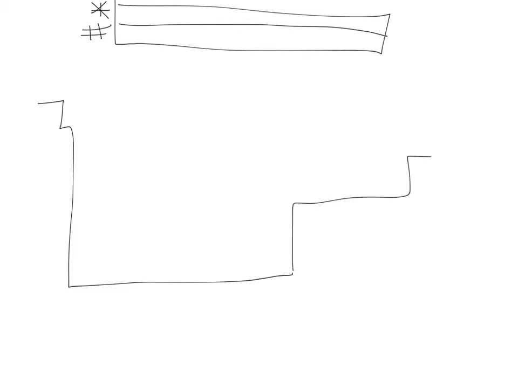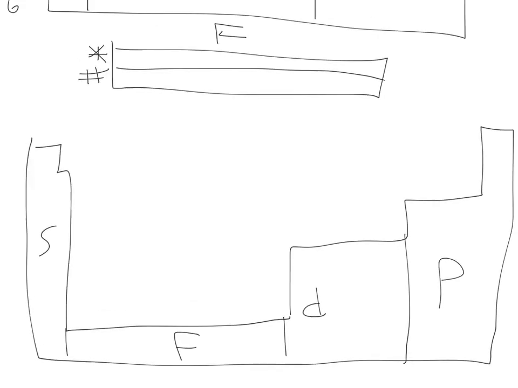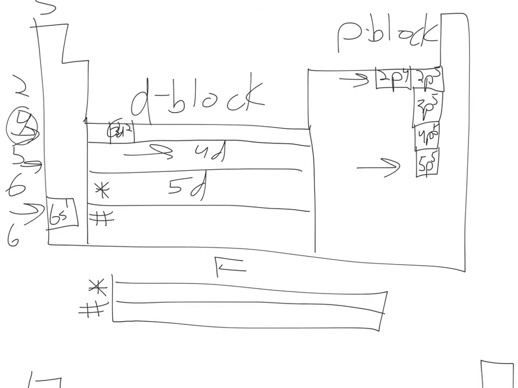The real periodic table looks like this. The S block here, the F block down here, the D block here, and the P block here, as opposed to the way I've drawn it up here, which is where I sort of chopped out the F block and put it at the bottom.